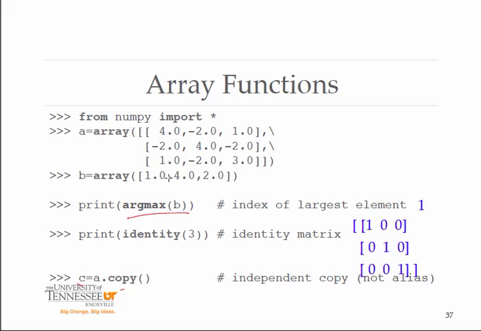Clearly the largest element is 4. What position or index is that in the array? It's the second position, which of course is indexed by 1 if you think about 0 indexing. Again, if you did argmin, the smallest element would be 1, and the index for that element would be 0.